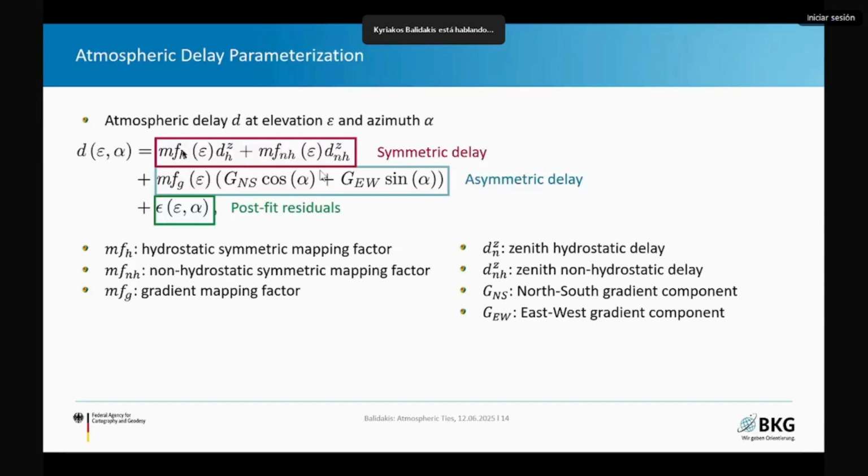It depends mainly on the weather model data that you used. So if I calculate one with ERA5 or with MERRA-2 or another model, the mapping function will be different. There have been many papers, starting 20 years ago, comparing the impact of different mapping functions.